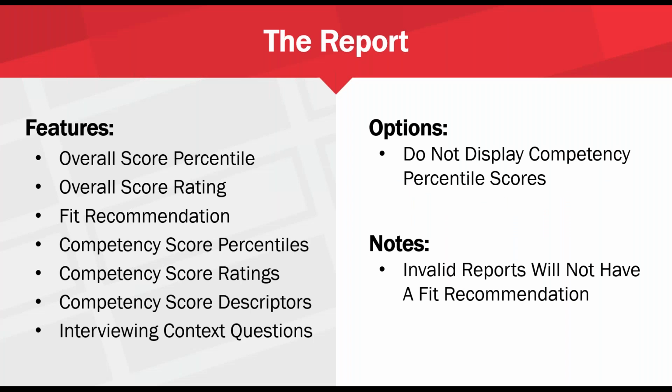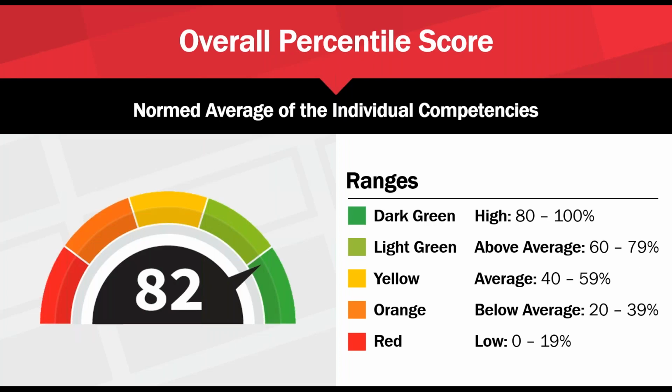One of the things that we also got feedback on along the way from the organizations is, where should we start? What should be the bar, or what should be the target score? So what we've done is we've actually normed the average individual competencies and the overall percentile score.